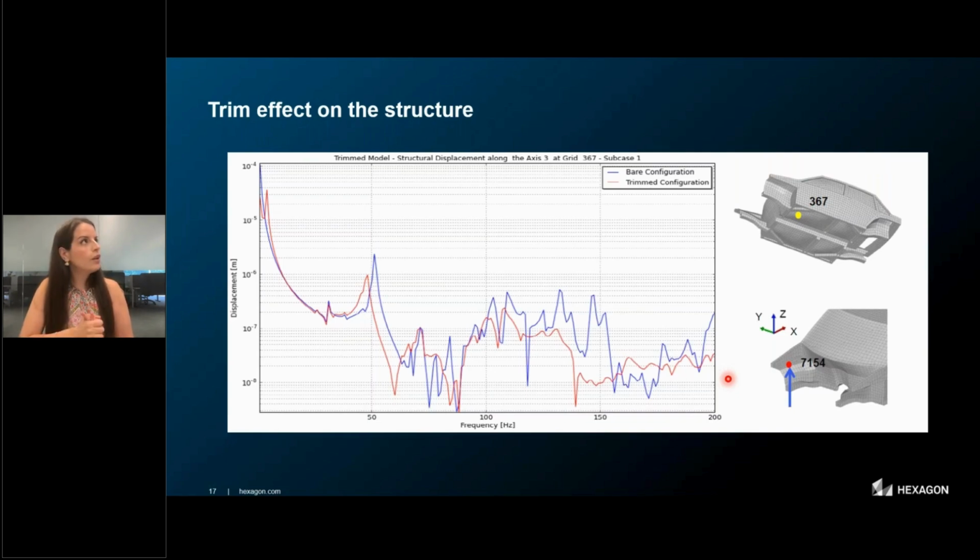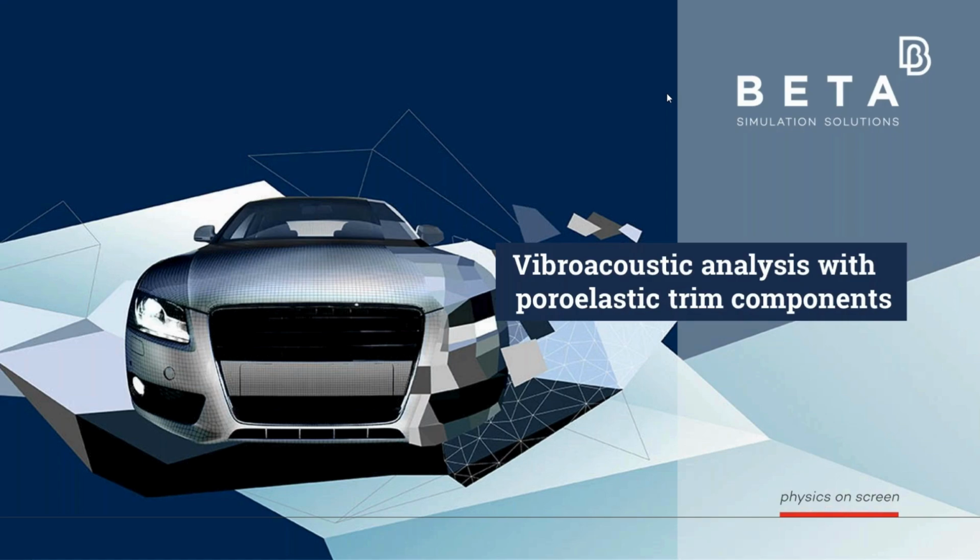Without further ado, Grigoris, if you want to take over, show your screen and walk us through this example. Okay, thank you very much. This is Grigoris Kalaboukas from the BETA CAE department. First of all, thank you, Vicky, for this detailed presentation.